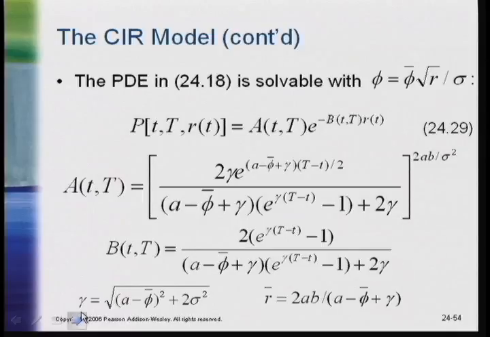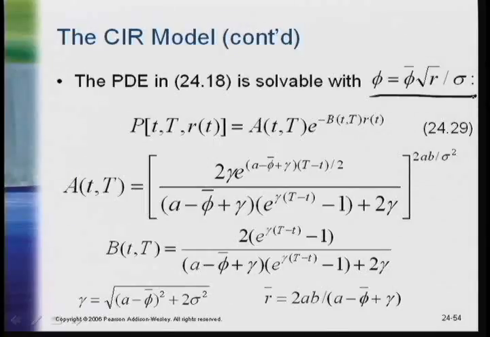Again, the partial differential equation for this model can be explicitly solved. Here, the Sharpe ratio is defined as a constant times square root of r divided by the sigma term.